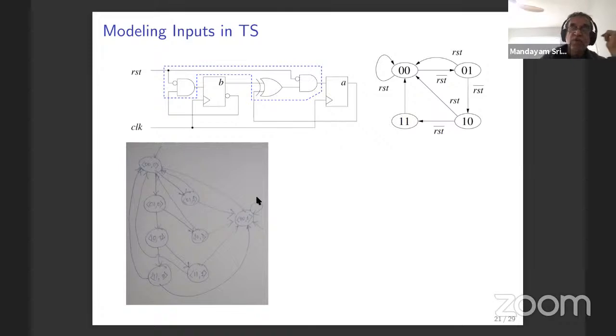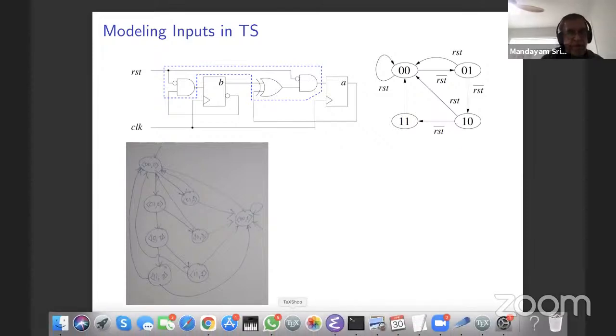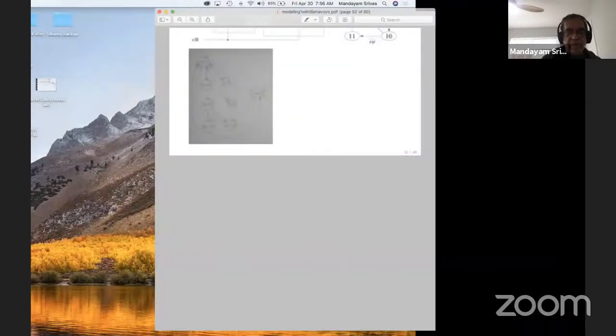I cannot draw the thing, so maybe I will. It will have the value of reset as the state of the environment, and in the next state it can be a 0 or a 1. It would be something like this.